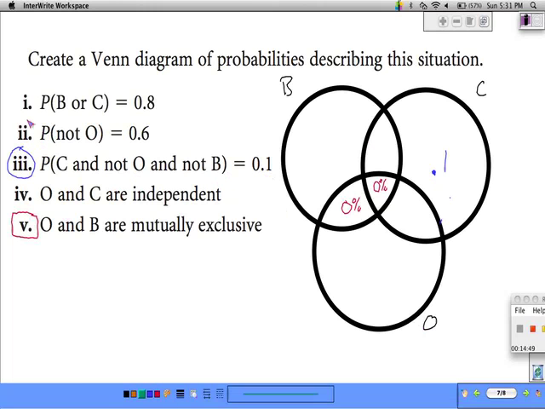Clue 2 says that everything that's not in O has to total 0.6, which would be those three regions. And since 0.1 is in the big top right one, that means that these two have to be a total of 0.5. I just don't know how to divvy those up yet.